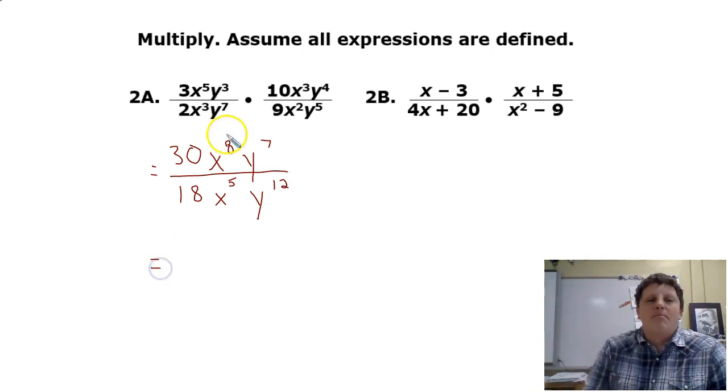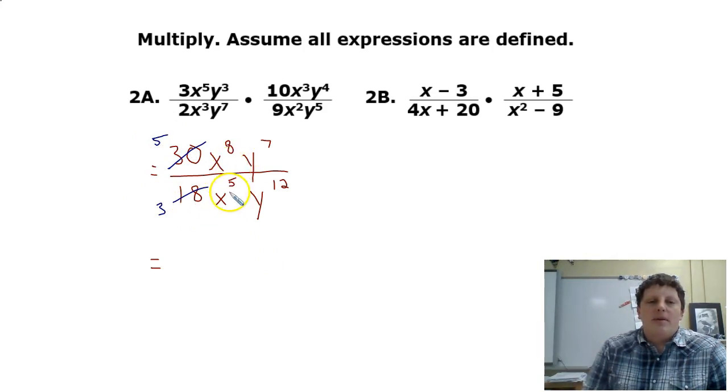At this point, I've multiplied numerator times numerator, denominator times denominator, and now I'll start simplifying things. I want to know what goes into both 30 and 18. Well, I know that 6 goes into 30 and 18, so let's try that. 6 goes into 30 5 times, and 6 goes into 18 3 times. So we got 5 over 3, and that's as reduced as that's going to get.